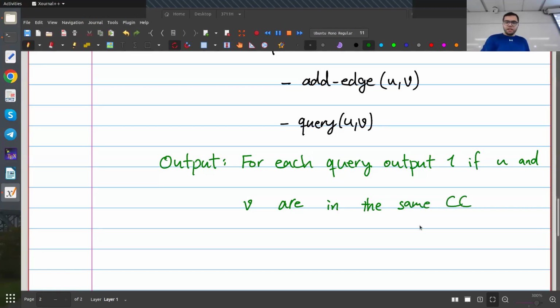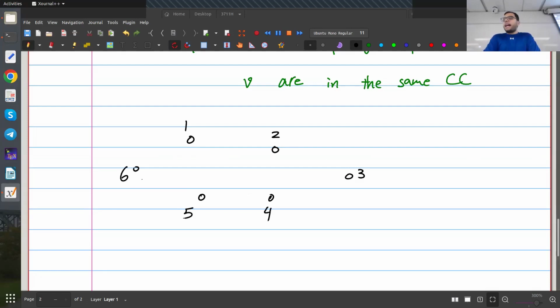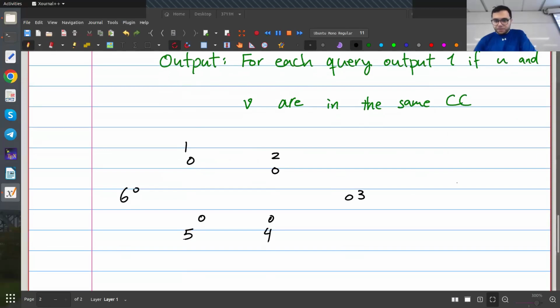Okay, so it's a pretty easy situation, right? I start with a bunch of vertices. I already know how many vertices I have at the beginning. And let's say I also number them 1, 2, 3, 4, 5, 6. And I should either add some edges. So maybe I say add the edge 2, 4.